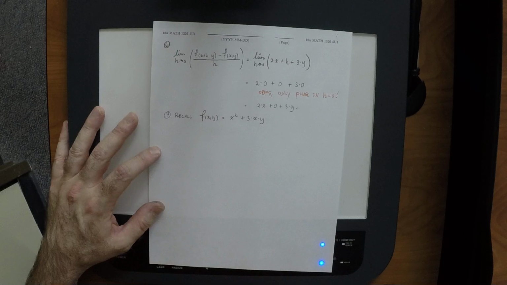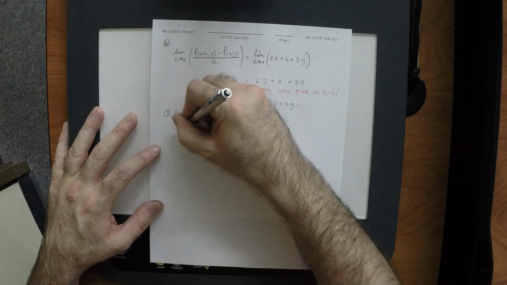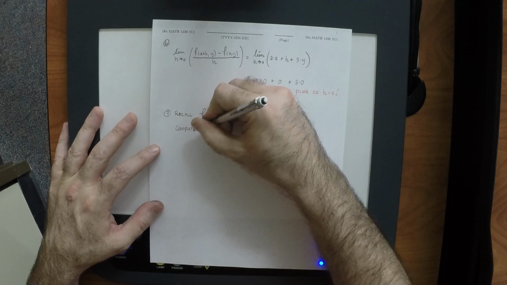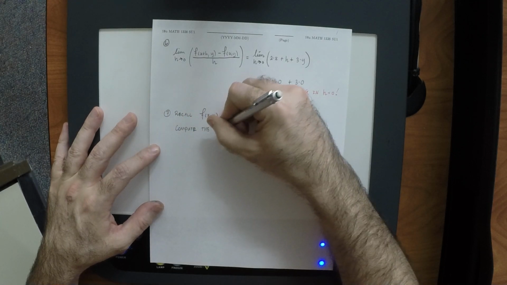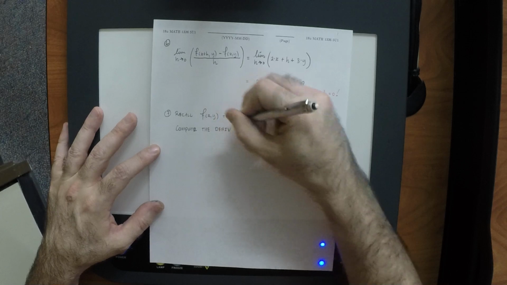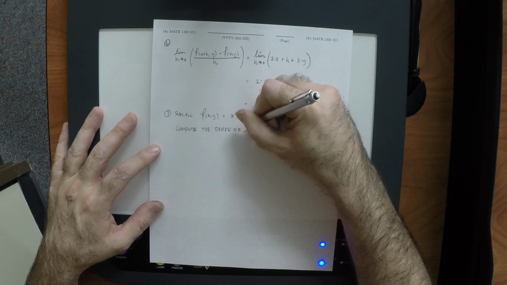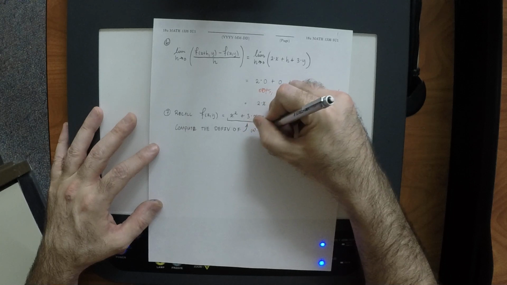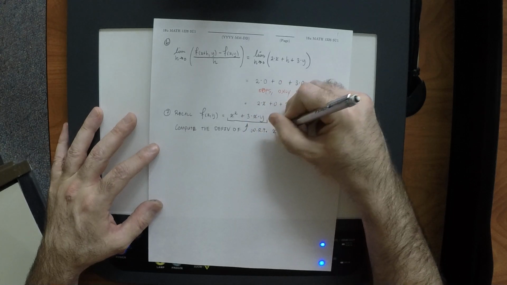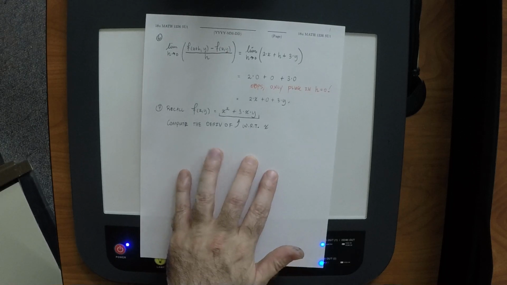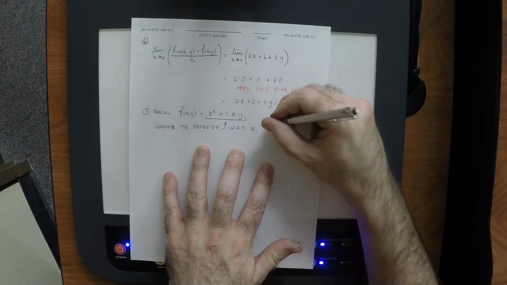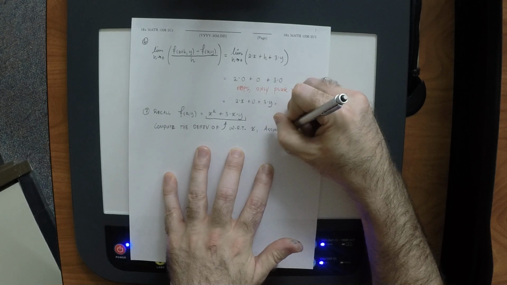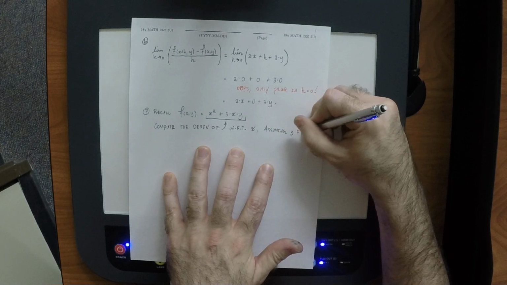I want you to compute the derivative of this expression with respect to x. And while you're doing this, I want you to assume y is constant.